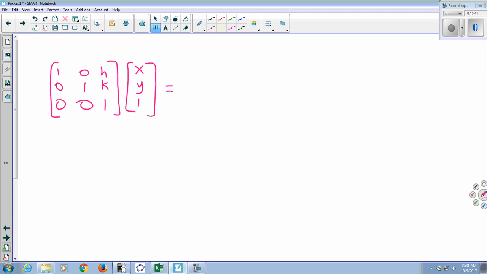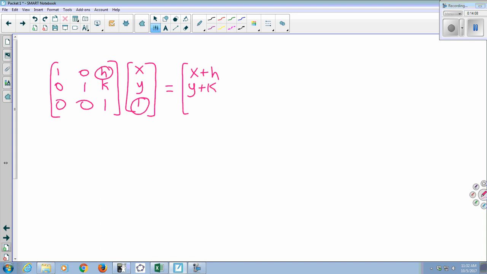So you multiply your first row times your vector. So you have 1 times x plus 0 times y plus h times 1. That's how you get your x plus h. You need this 1 here to multiply by the h so that when you add it together, you get the x plus h translation. And then my next row, you have 0 times x plus 1 times y plus k times 1, which is y plus k.